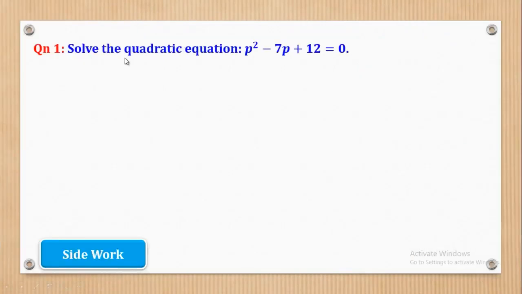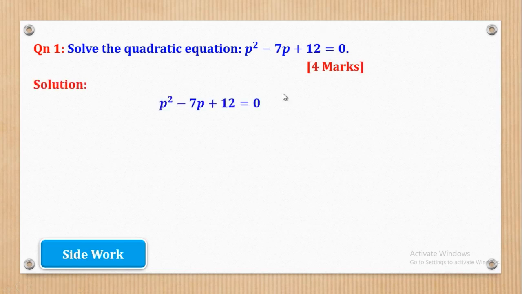Question 1 says: solve the quadratic equation p squared minus 7p plus 12 equals 0, and they give it 4 marks. We start by first quoting the equation, which is given as p squared minus 7p plus 12 equals 0.